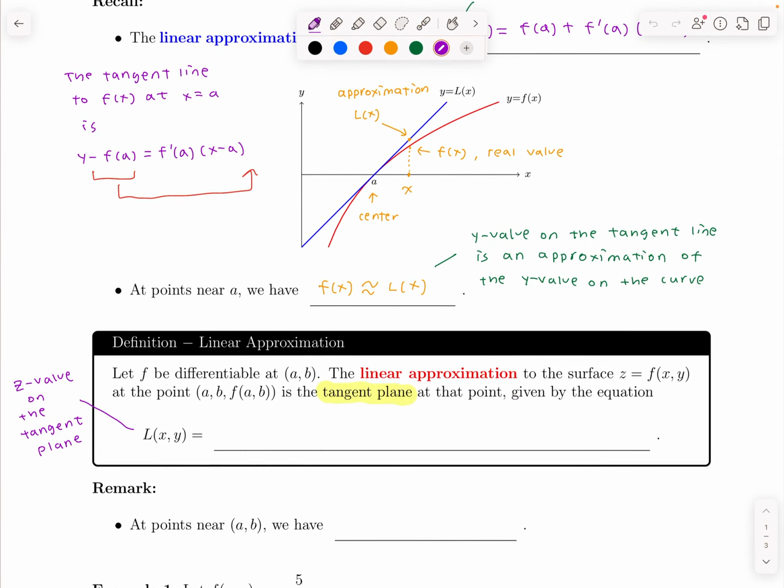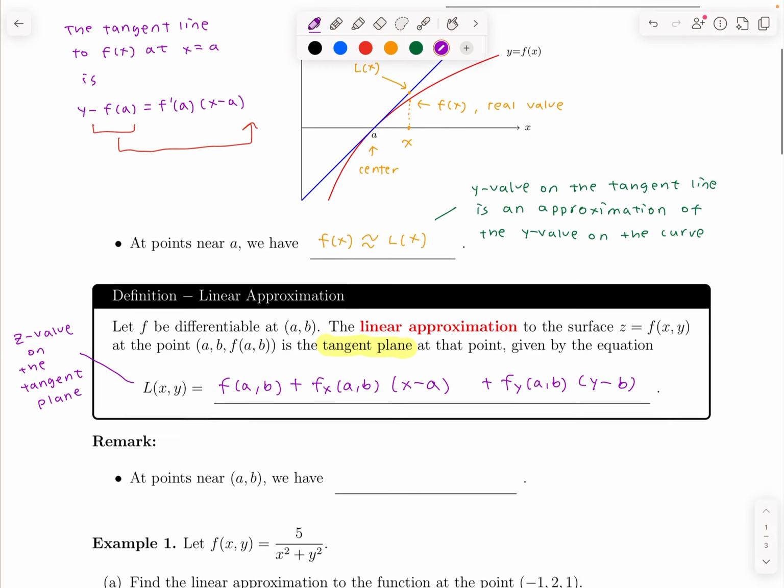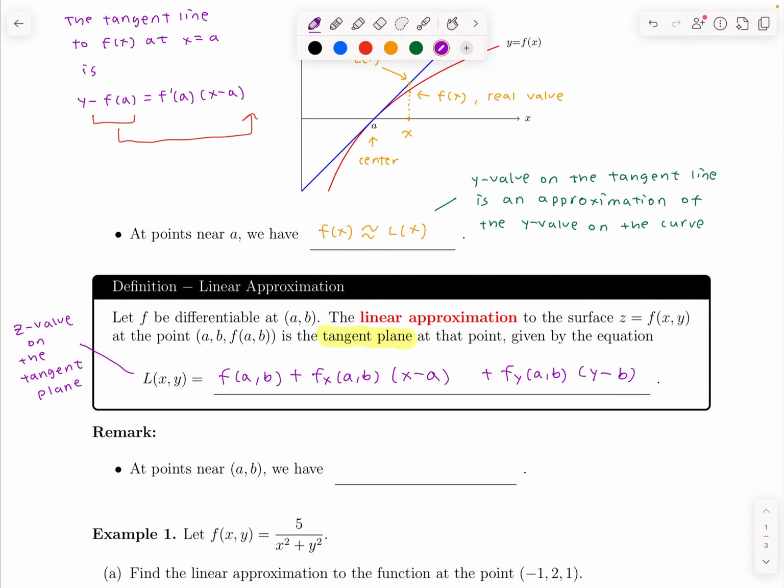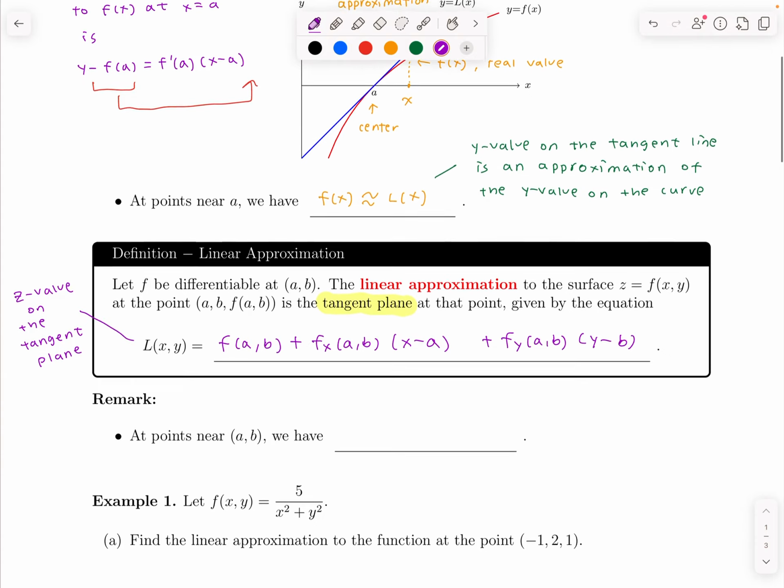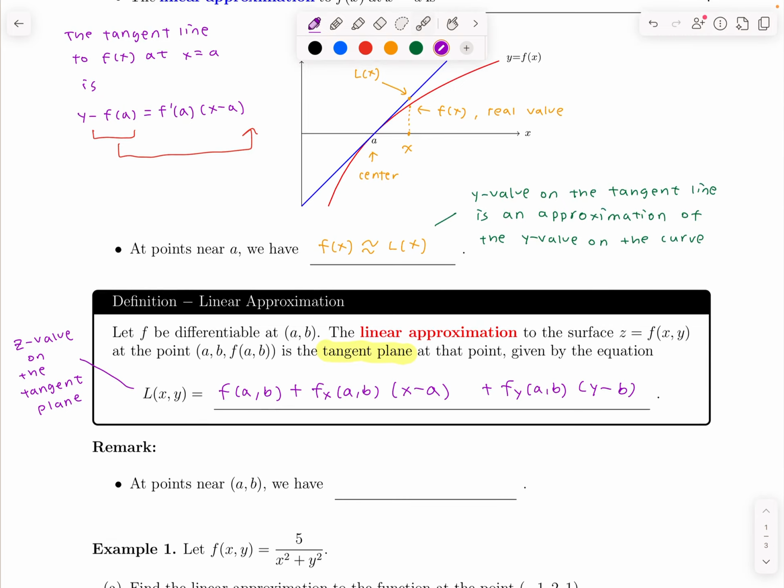So right here we will have our z value f of a comma b plus our partial derivatives f sub x of a comma b and f sub y of a comma b, and then multiply by x minus x value and y minus y value. So this is the z value on the tangent plane. And just like what we learned in calculus 1, we use the y value on the tangent line to be the approximation of the y value on the curve.